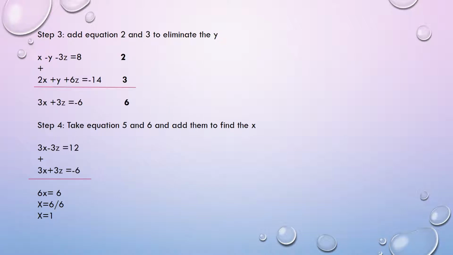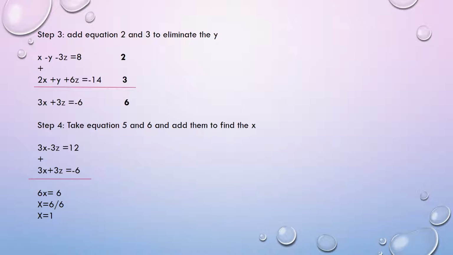The third step is to add equations 2 and 3 to eliminate y also. Equation 2 is x minus y minus 3z equals 8, and equation 3 is 2x plus y plus 6z equals minus 14. I will add them, and it gives me 3x plus 3z equals negative 6. I will name it equation 6.